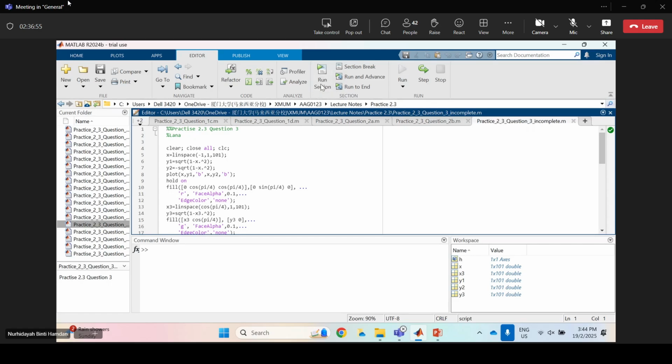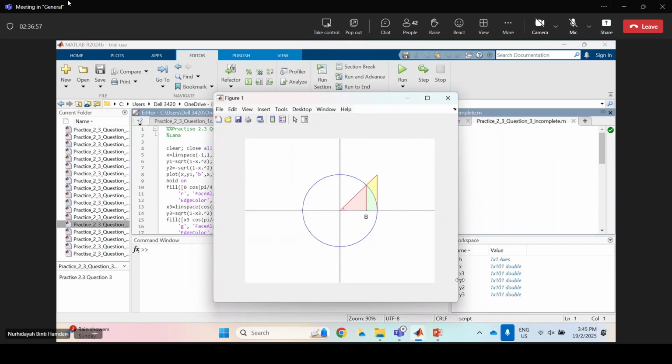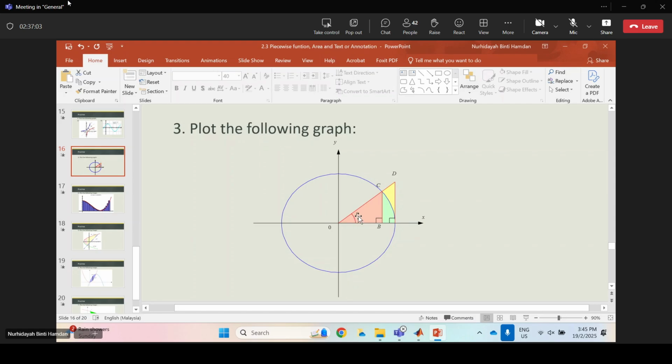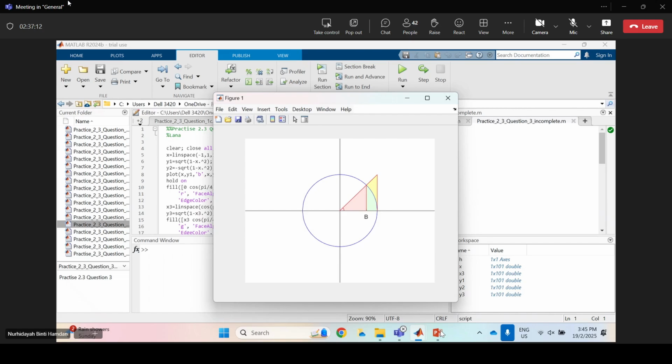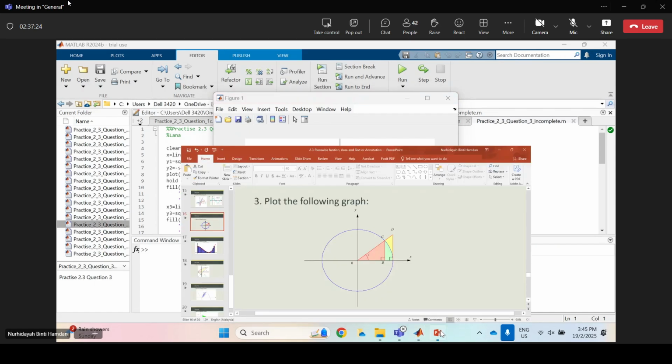Okay, this is incomplete. You can study by your own. Then you put all the necessary line, text, arrow, X label, and Y label. This one will not be asked during your quiz, but minor maybe.